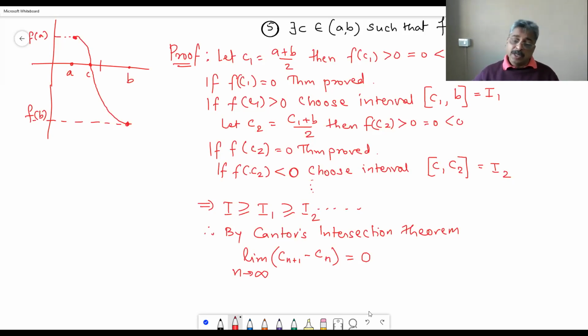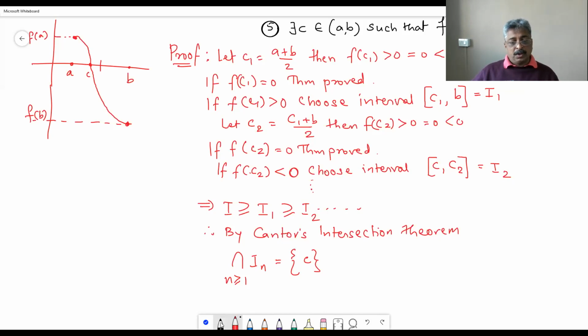Sorry, no need to write the limit. By Cantor intersection theorem, intersection of In for n greater than or equal to 1 is equal to {C}. So you will be able to catch an element C such that it is part of each set.